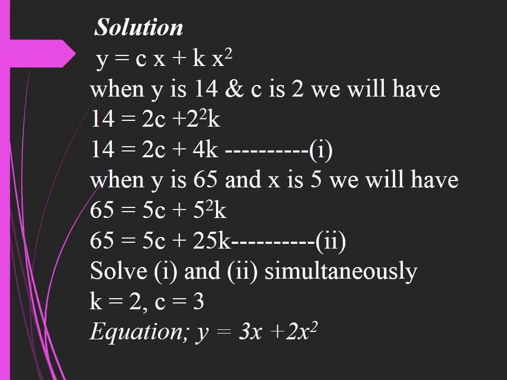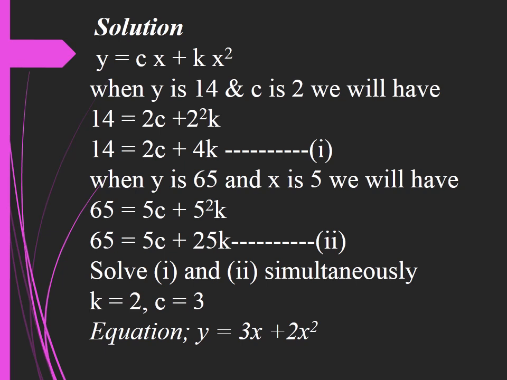When y is 14 and x is 2, we will have 14 = 2c + 2 squared k. From this, we get 14 = 2c + 4k, and we can call that equation 1. And then when y is 65 and x is 5, we will have 65 = 5c + 5 squared k.